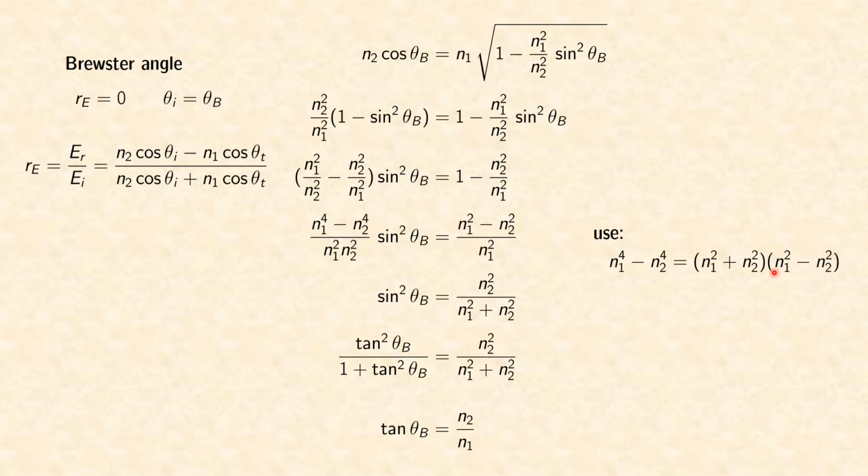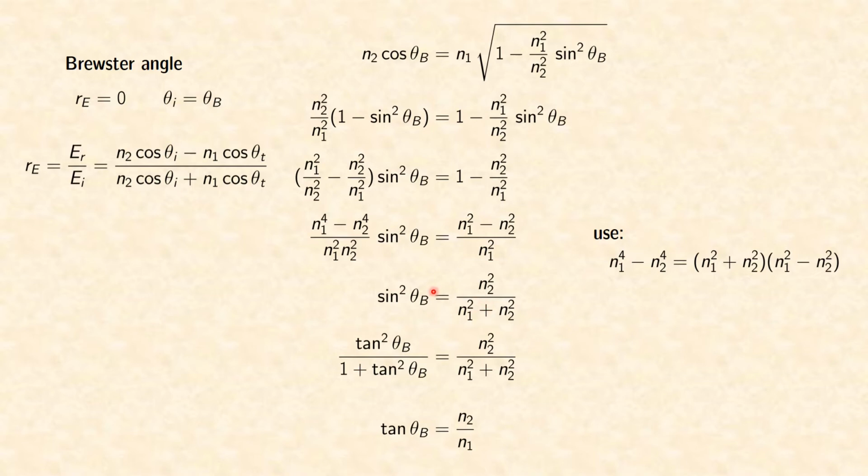And this is important because then we have this minus factor on both sides. These cancel out, and n1 squared is the same here on both sides, so these also cancel out. And when we bring this fraction to the other side, we finally have n2 squared, and we have n1 squared plus n2 squared, which is the residual from this power of 4 term.